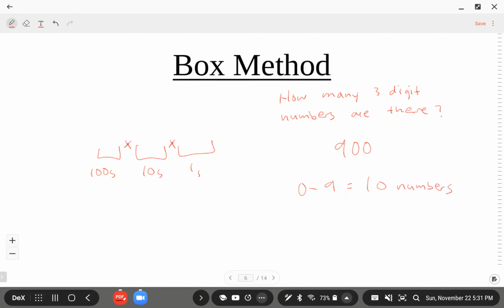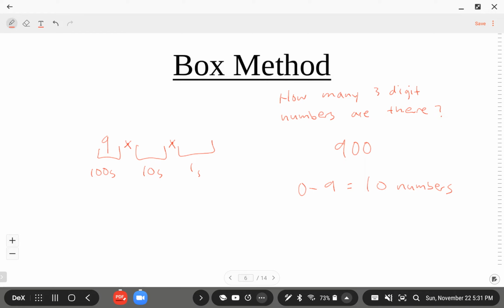But can we use 0 as our hundreds digit? Absolutely not. If you use 0, it really wouldn't be a 3-digit number. So subtract 0 from our list of possibilities. 1 through 9 is okay. So we have 9 possibilities right here.